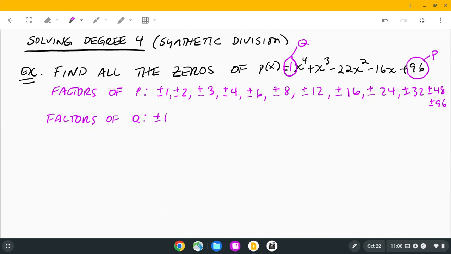Okay, so then that means my possible rational zeros are going to be, I'm not going to list these down here. That's a lot of writing. Okay, so I'm going to say C P list.